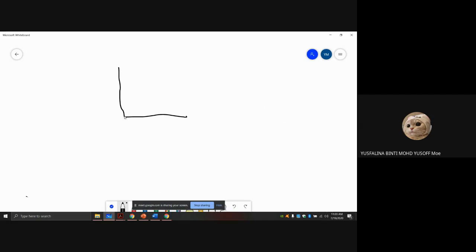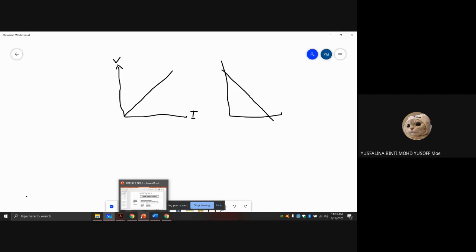But for the EMF and internal resistance graph, it is different. So this one is for Ohm's law, but for the EMF, the graph will be like this, decreasing linearly.